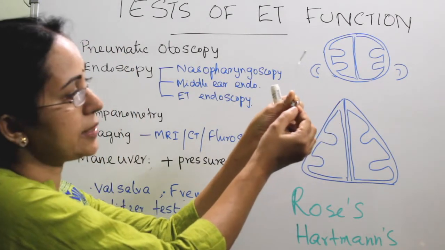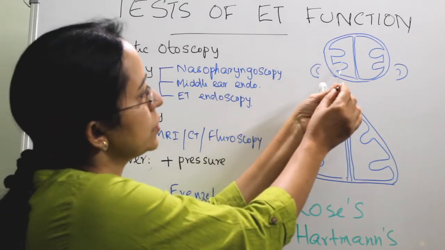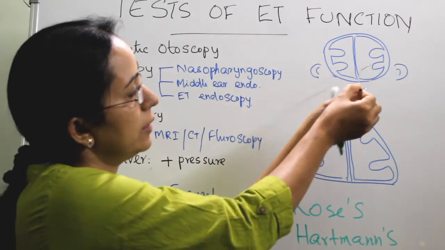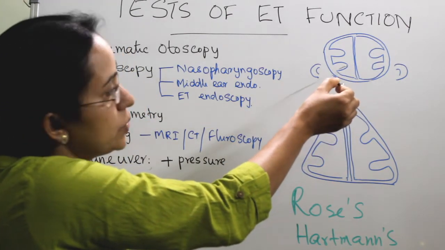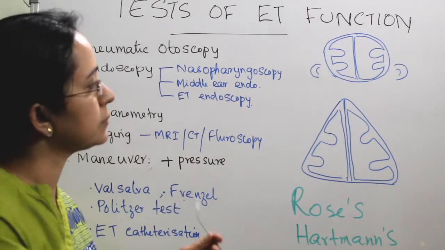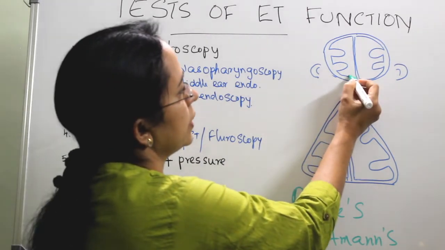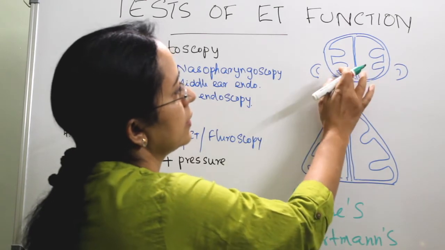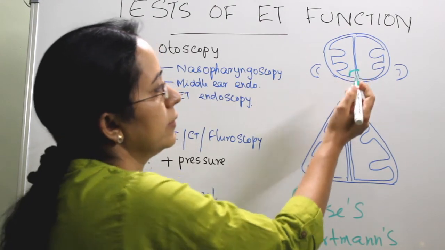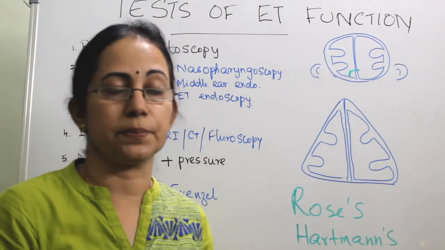This will act as a navigator. So turn it 90 degrees medially and just pull it anteriorly. So what will happen? This will go and hook around this end. So here it is like this. If you turn it 90 degrees, this will go and hook at the posterior end of the nasal septum.